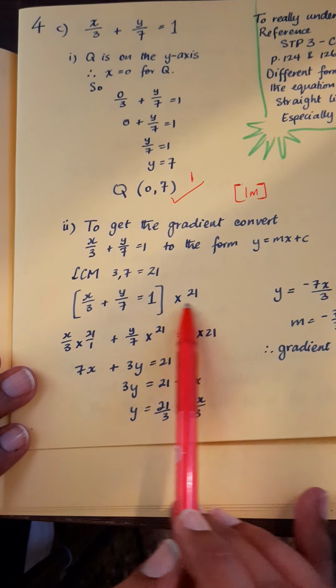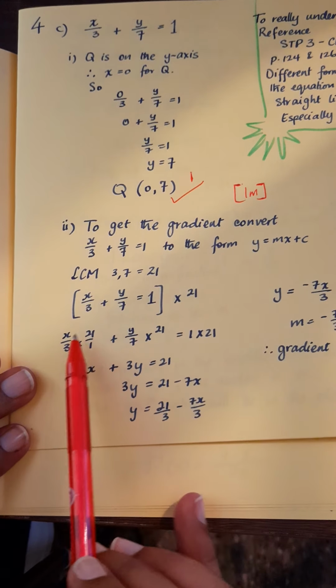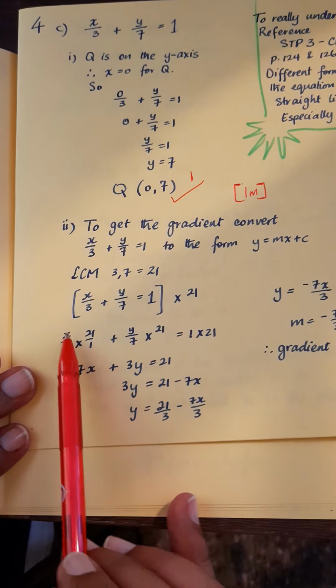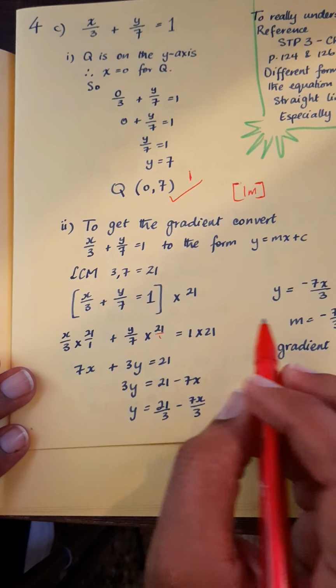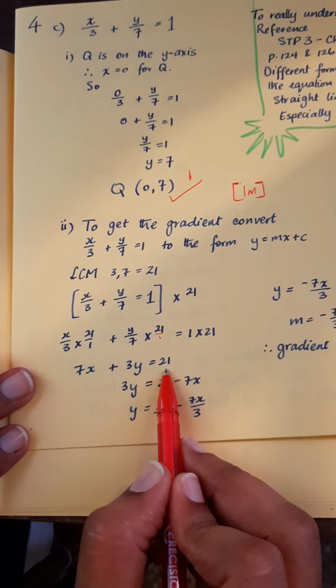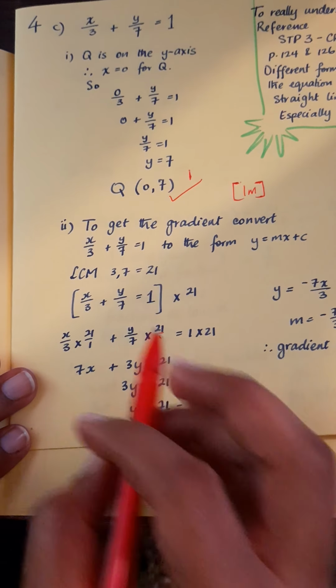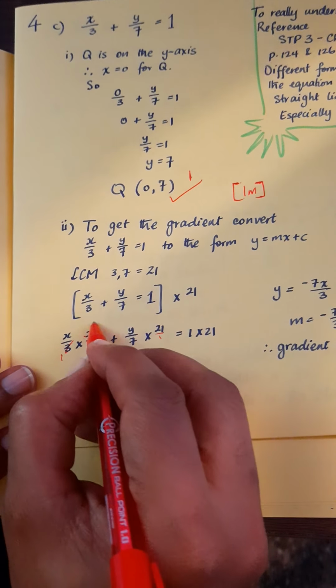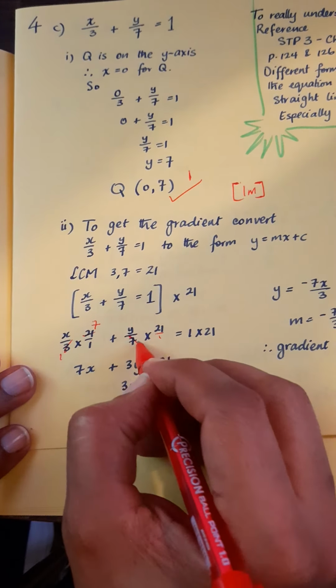I multiply the entire equation by 21, each one. So x over 3 by 21 over 1 plus y over 7 by 21 over 1, and then 1 by 21, giving me 7x plus 3y is equal to 21. If I were to cancel out, 3 into 21 is 7, 7 into 7 is 1, 7 into 21 is 3. So 7x plus 3y equals 21.